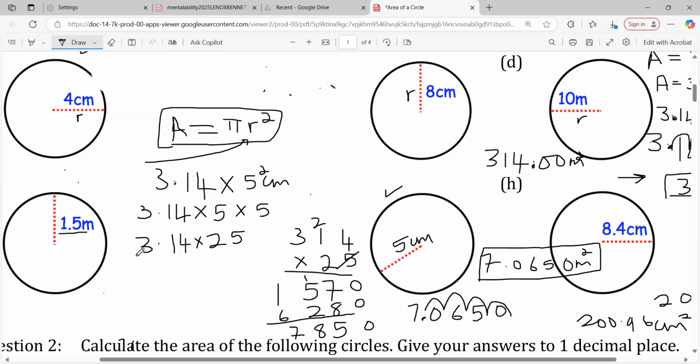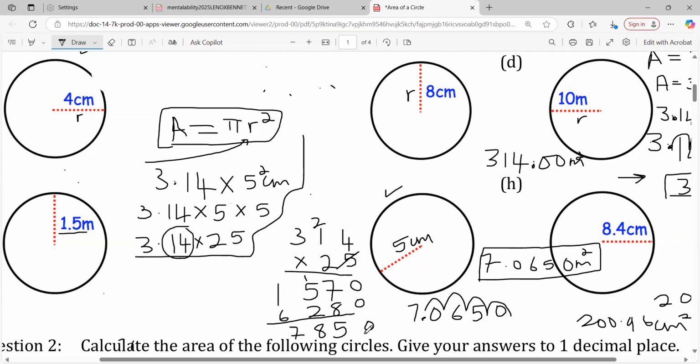Because the rule says you have to find the total number of decimal points, sir. In order to find the total number of decimal points, you find out how many numbers are behind the decimal point in 3.14. Sir, 2, because 1 and 4 are behind the decimal point. Very good.